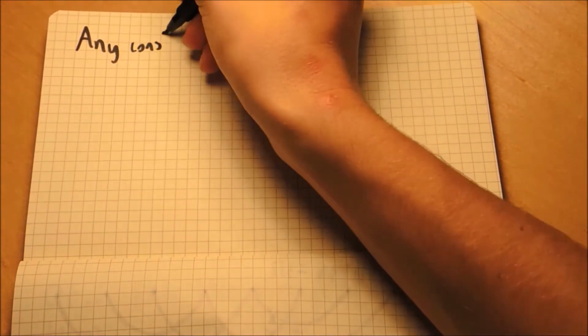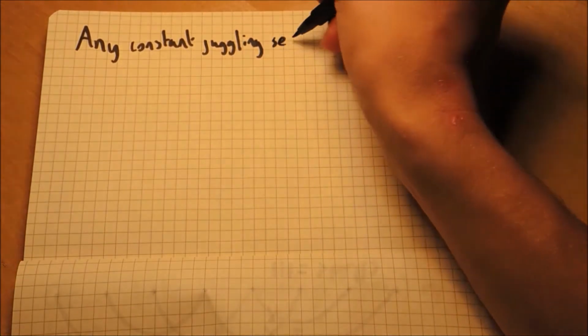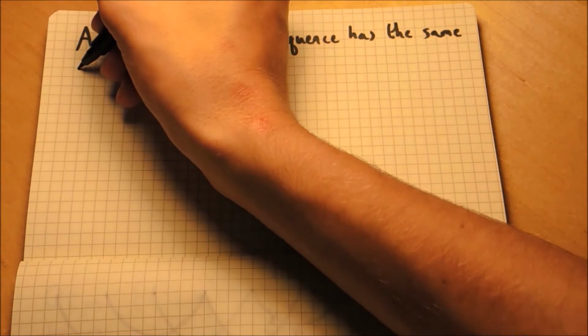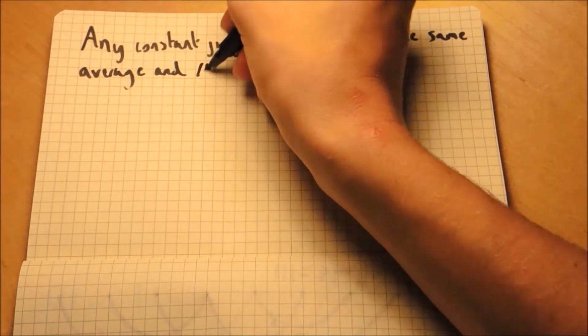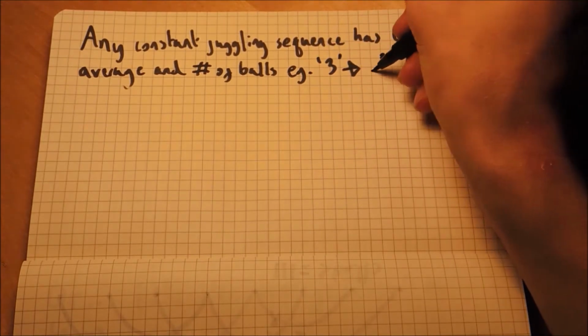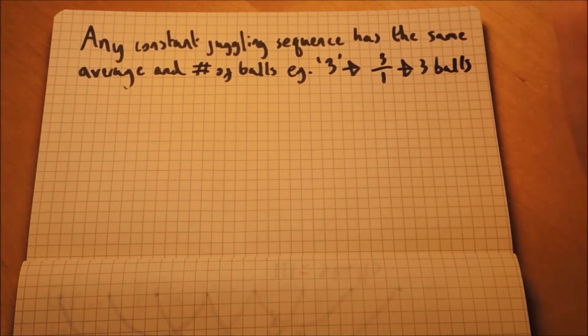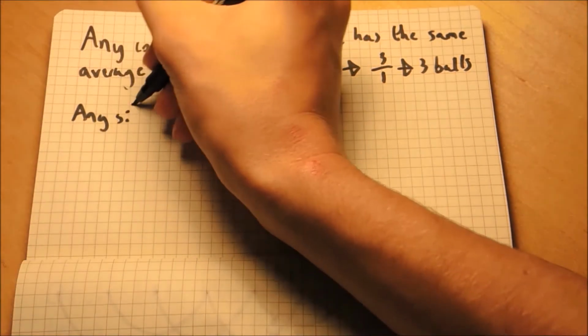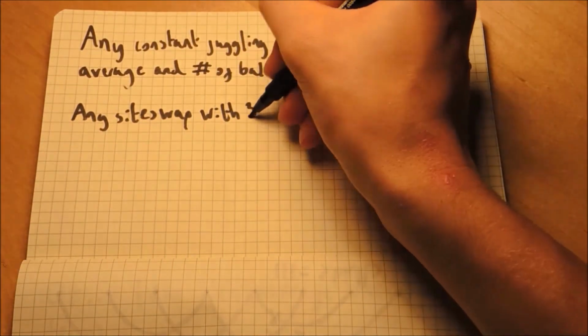We can show why this works using the method of permuting a siteswap so that you get a constant juggling pattern, just by using swaps. It is easy to notice that for any constant juggling sequence, the average and the number of balls are the same. For example, 3. Take 3, divide it by the period, which is 1, and you get 3 balls used. Now, what happens next is going to rely on two previous rules that we have learned.